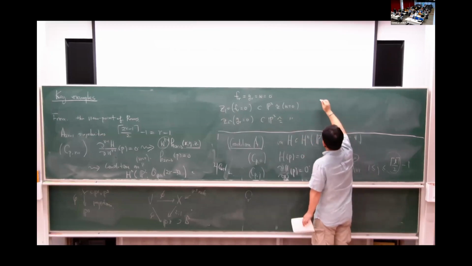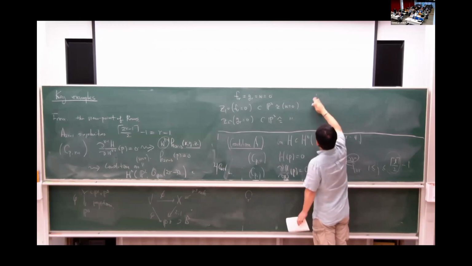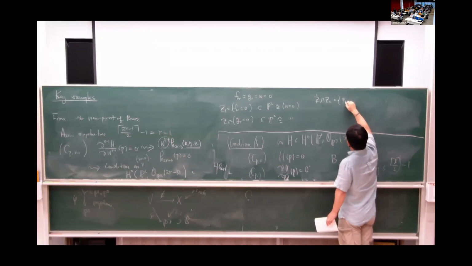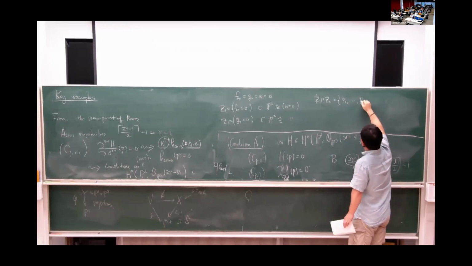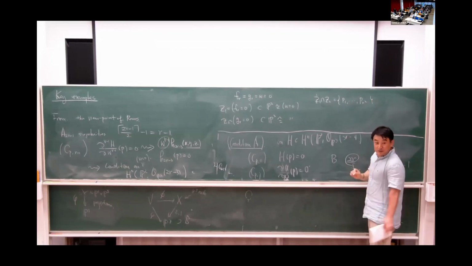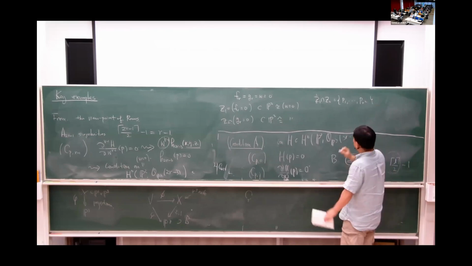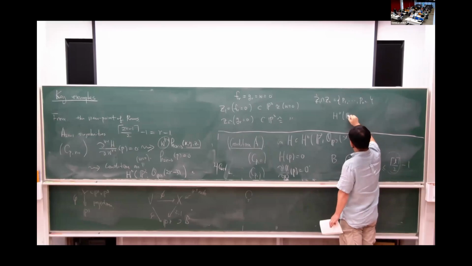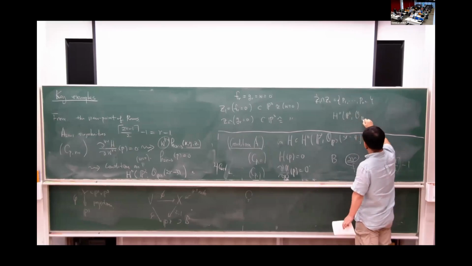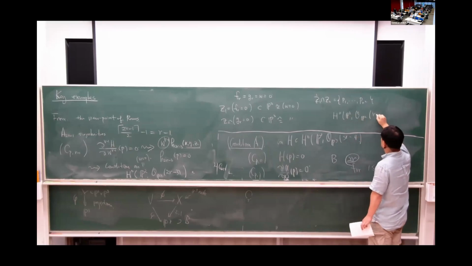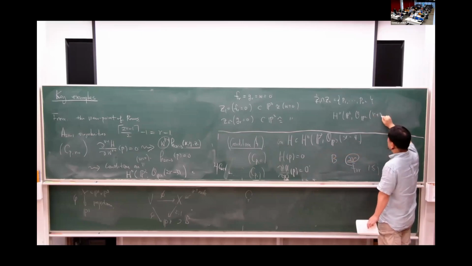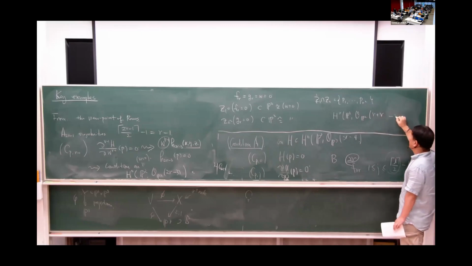So this intersection is exactly how many points? r squared points, right? And this is H0 of O_{P2}(2r minus 3), where 2r minus 3 is r plus r, the degree of Z1 plus the degree of Z2 minus 3.